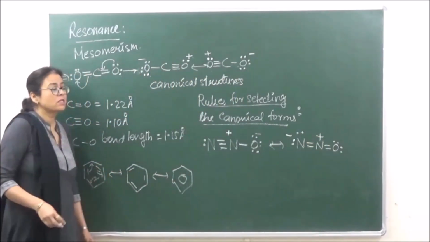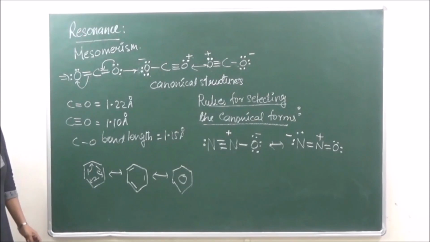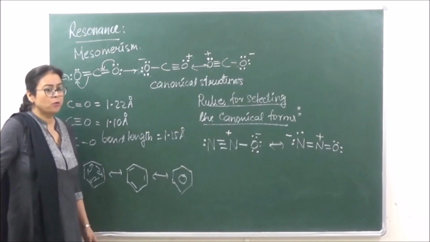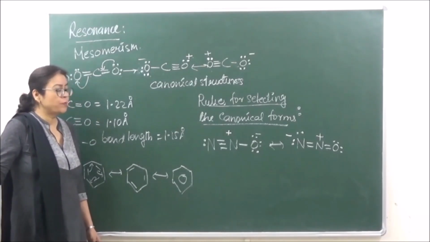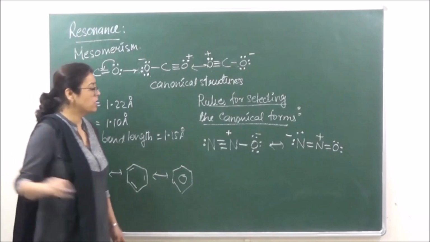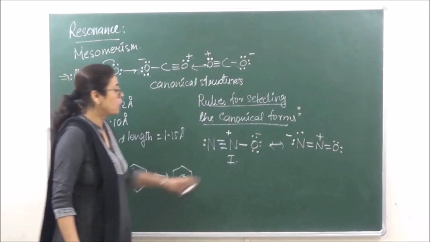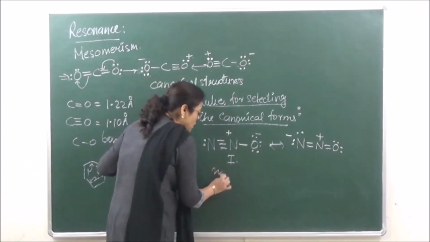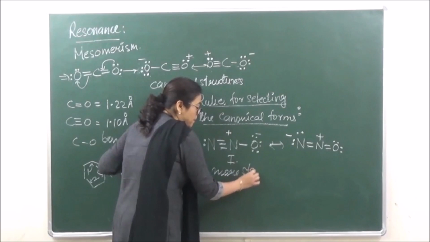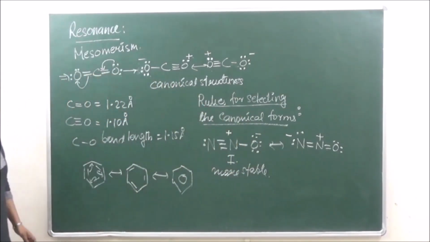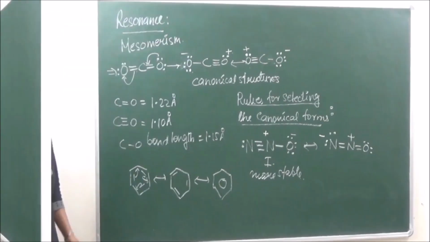So according to what we have already done, the negative charge should be on the more electronegative element. When we are talking of nitrogen and oxygen, oxygen is going to be more electronegative. So the negative charge should be on the more electronegative oxygen. So this first one is going to be more stable because the negative charge is on this oxygen. ठीक है? Clear हो गया? So this is how formal charge helps us, right?